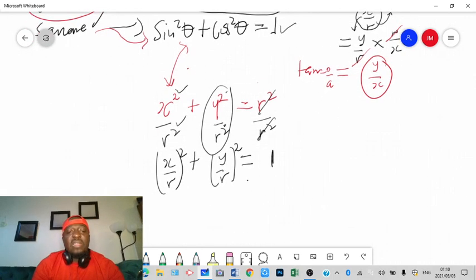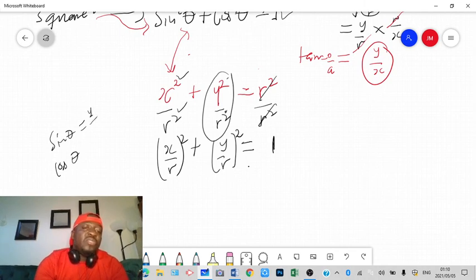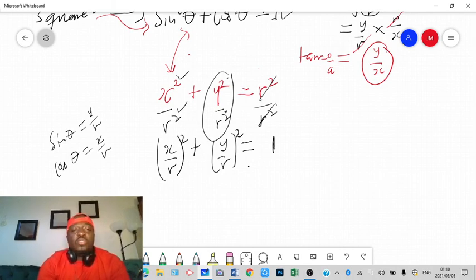Now tell me, from your trig ratios, we have sine theta and cos theta. What is sine theta? Sine theta is opposite over hypotenuse. Cos theta is adjacent over hypotenuse. So from here, we can see the sine is y over r.